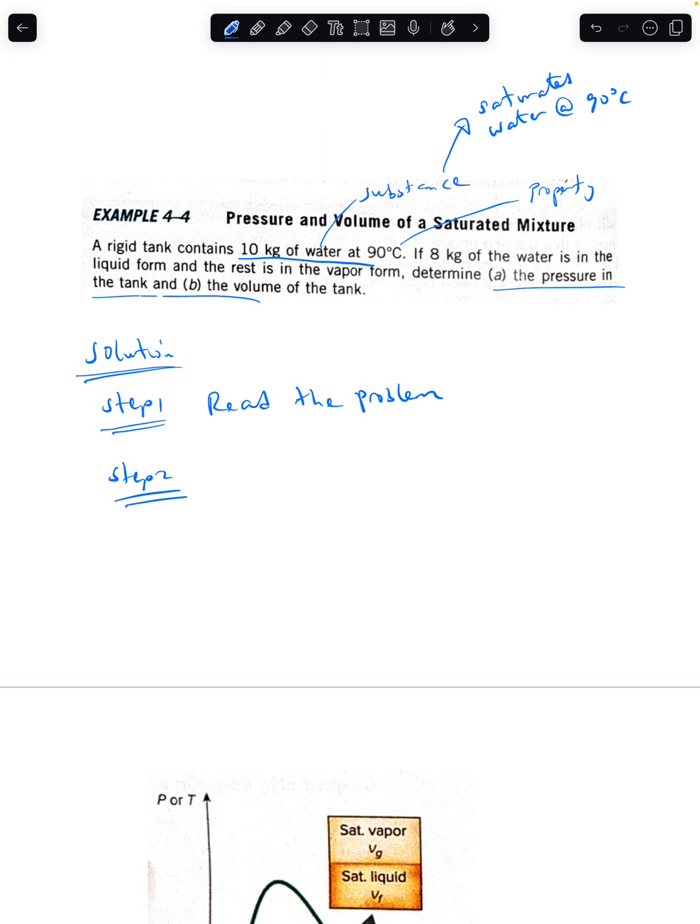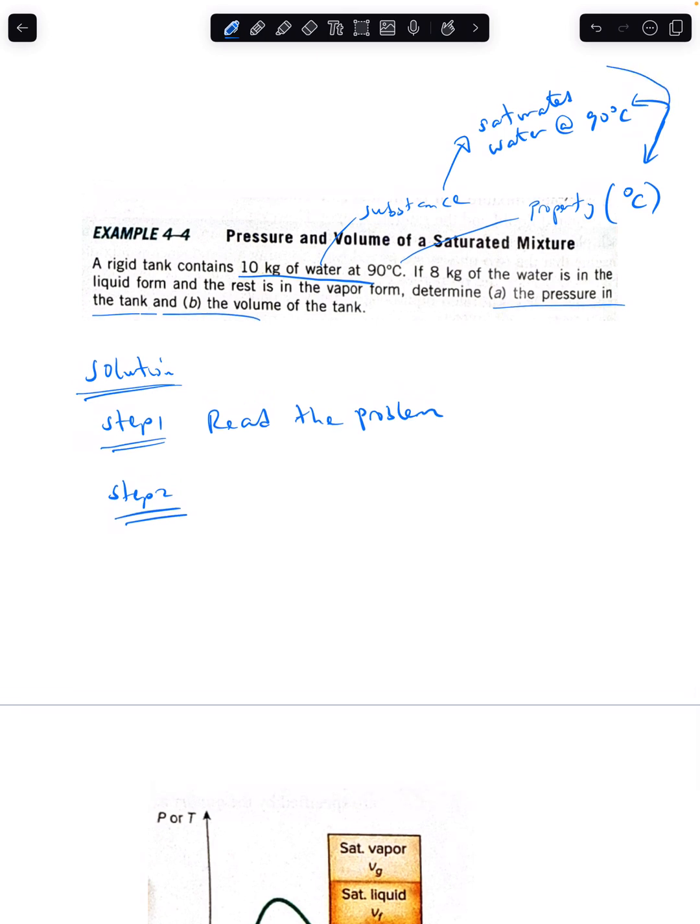That water is classified as saturated water. And if you look at the property, which is temperature, it is given in which unit? Degrees Celsius. So those are two critical indicators for a property table to be gotten.